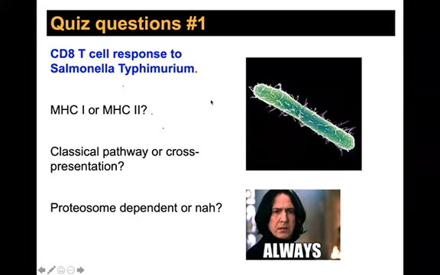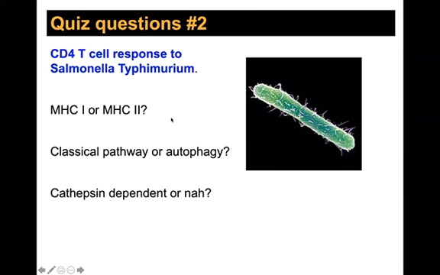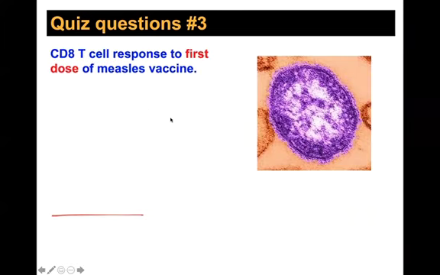Other questions? So the question then is, did I confuse you on this question? It really comes down to the first dose of the measles vaccine. To get things started, you really need cross-presentation, because you have the dendritic cell sitting out in your vaccination spot.